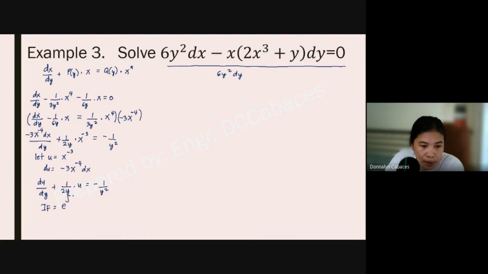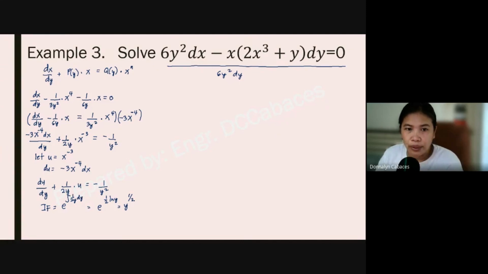E to the integral of 1 half y dy is equal to e to the 1 half ln of y, or simply y to the 1 half. That is our integrating factor. Then again, the left side should be the derivative of the product of y to the 1 half and the linear variable is equal to the right side.